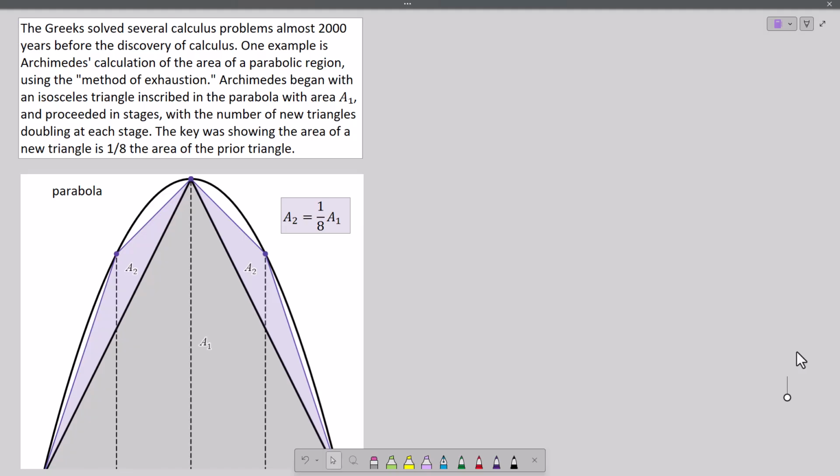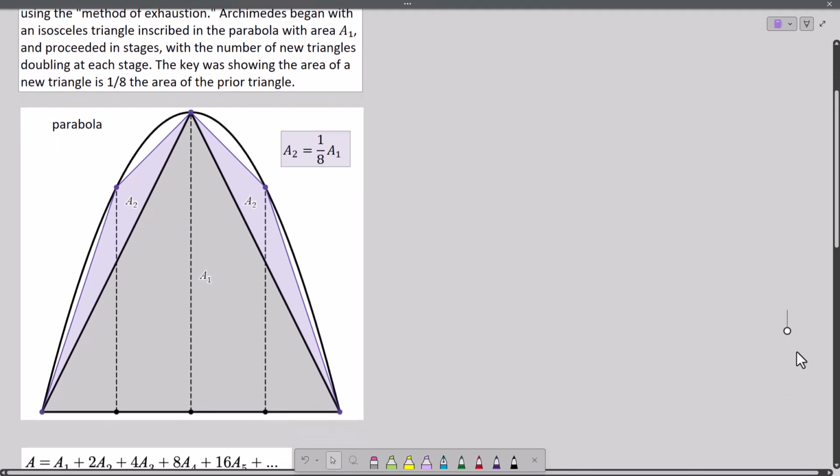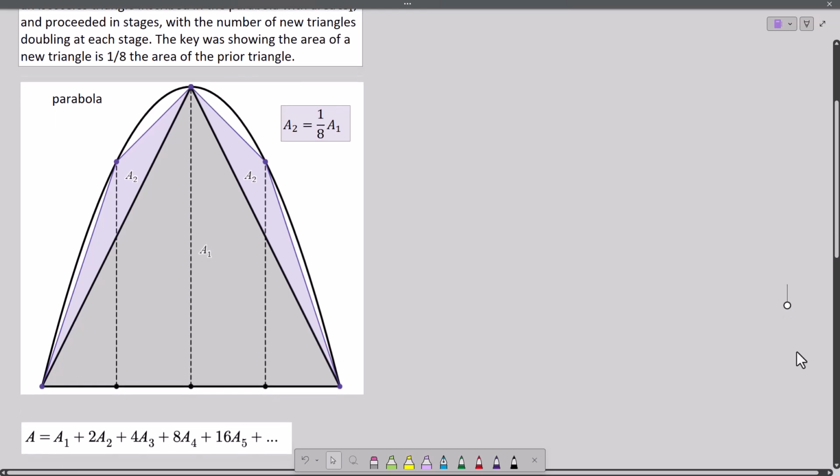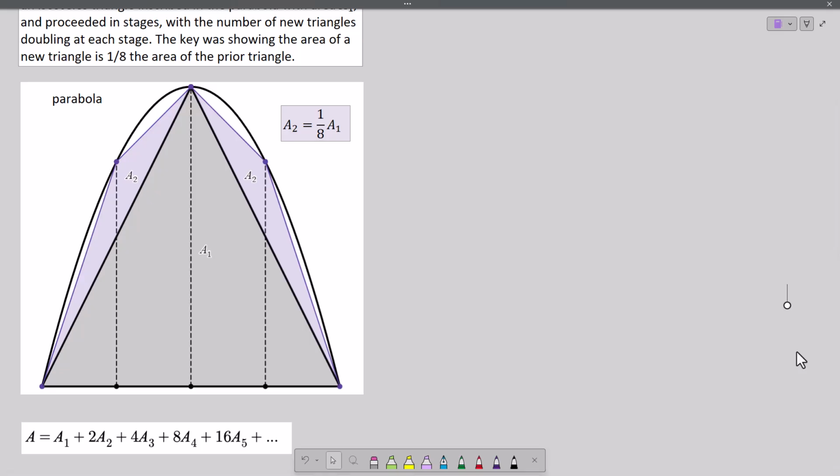Well, prior to calculus, infinite series were already understood, and you can find the area of a parabolic region by using an infinite series.